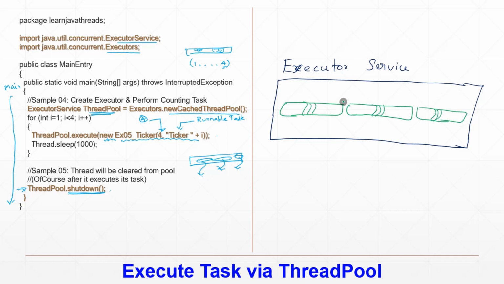We can call all these ticker threads or ticker tasks, and their duty is to print 1 to 4. All will do the same task because we are spawning 3 threads here, right? The loop will run 3 times and we are spawning 3 threads, and all of these will execute code in parallel.